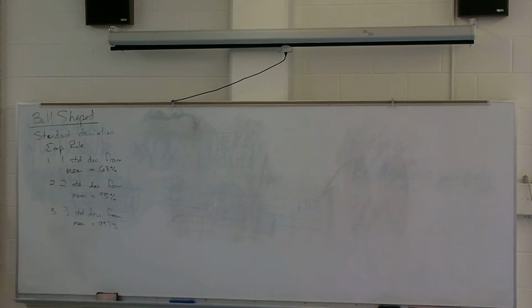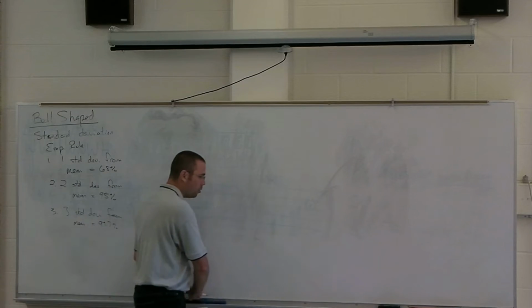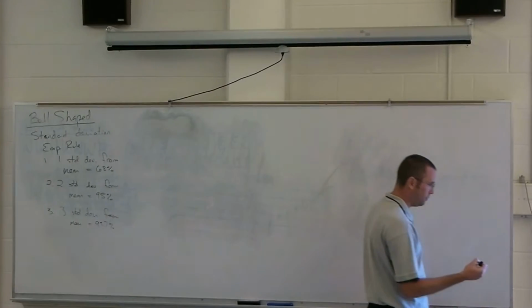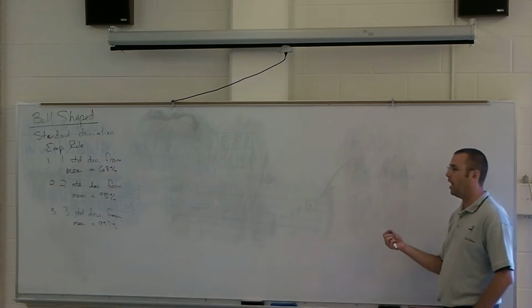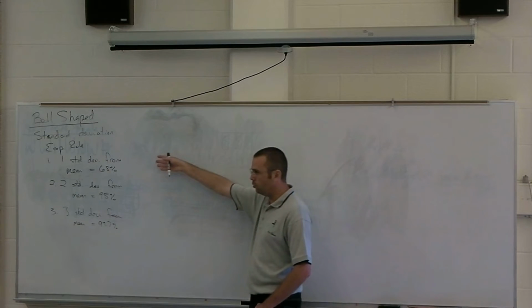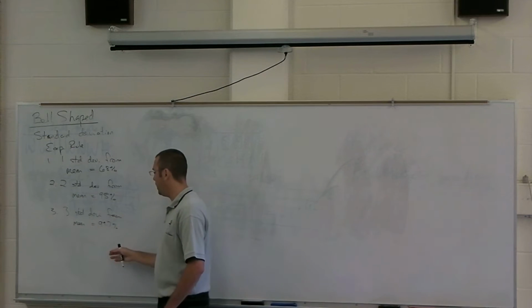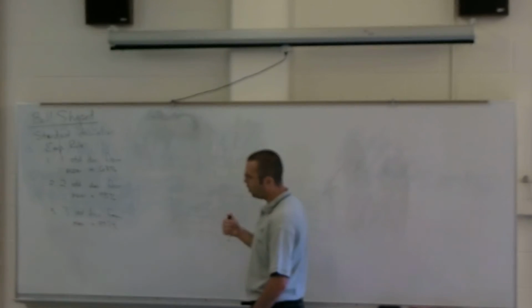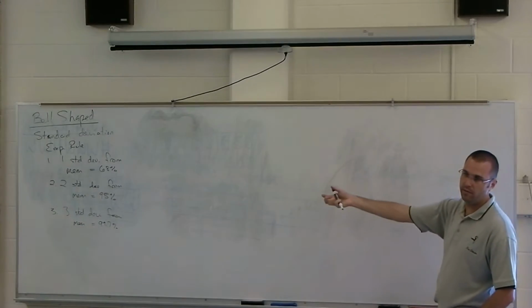And what we can actually do with this is there's one little bit of extra information that we can squeeze out of this empirical rule. It basically says the following. If you were more than 3 standard deviations away from the mean, it's highly unlikely that that's going to happen based on this rule, right? Because with 3 standard deviations, 99.7% or almost all of our data is within 3 standard deviations.